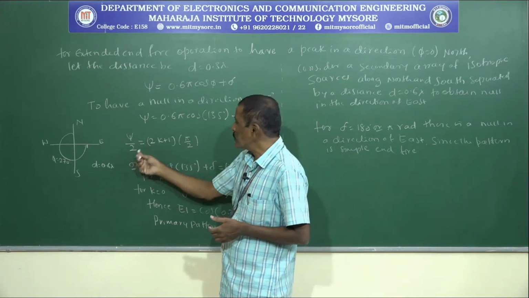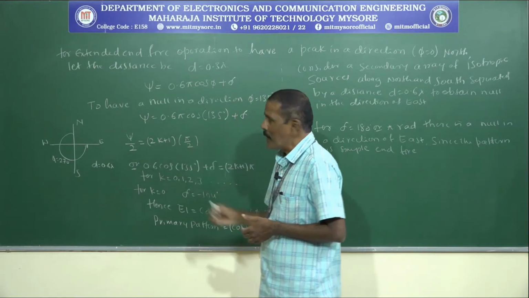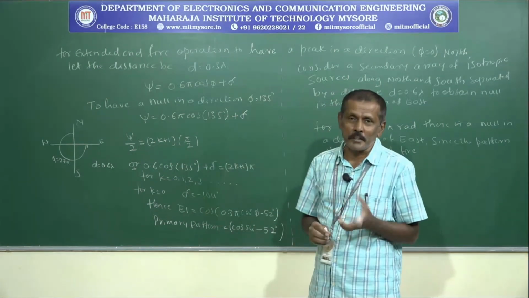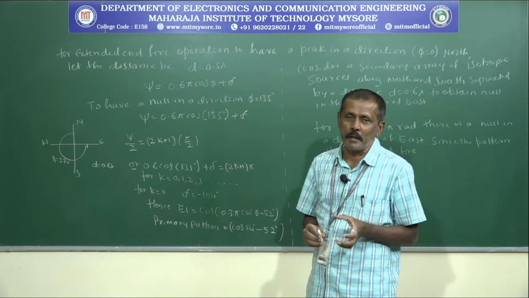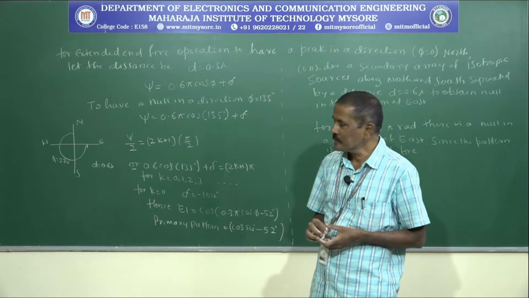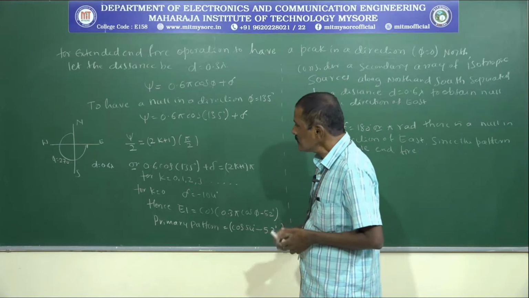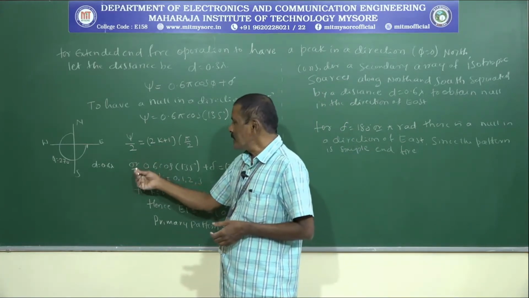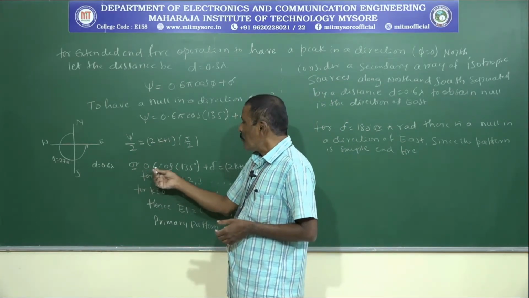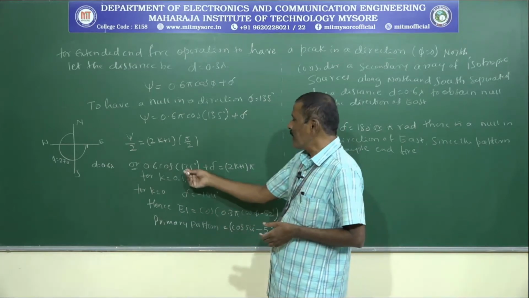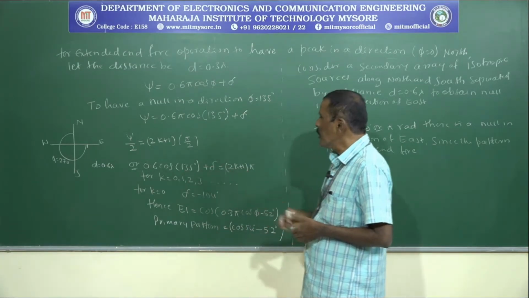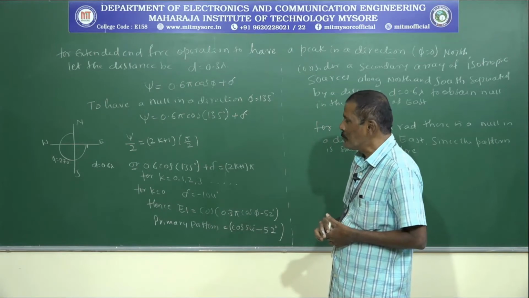Therefore, psi by 2 is equal to 2k plus 1 into pi by 2. All these particular things we are specifying: how our radiation pattern looks like or how it should be. Or in other words, 0.6 cos of 135 degrees plus delta equal to 2k plus 1 into pi.